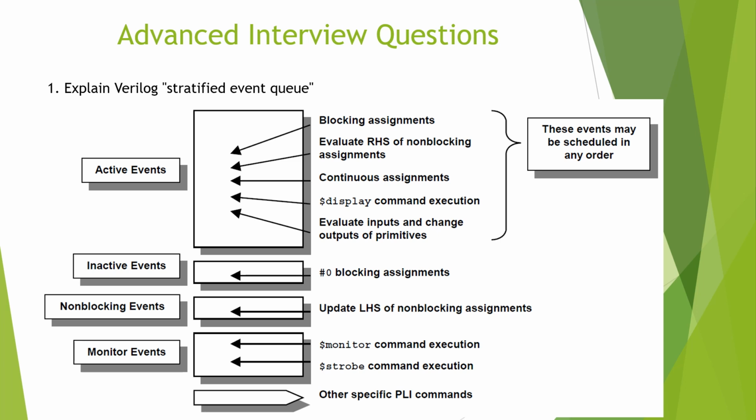The stratified event queue is logically partitioned into 4 distinct queues for the current simulation time and additional queues for future simulation times. So the 4 segments are the active events, inactive events, non-blocking events, and monitoring events.